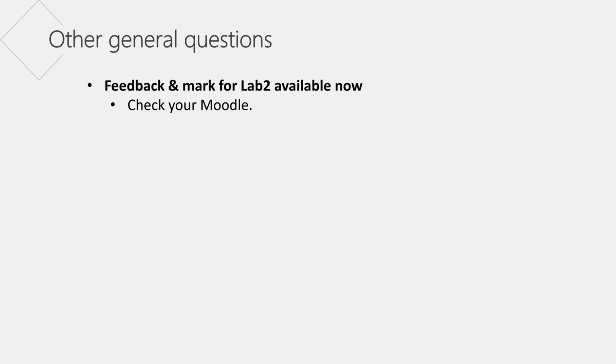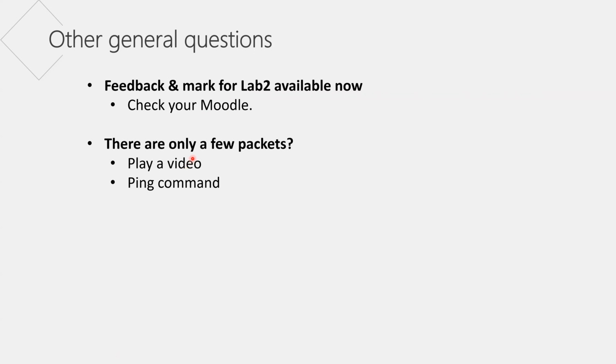And the next one is a very common question. Because we are required to capture at least 500 packets in this task, at least 500 valid packets, how can we increase the traffic between the hotspot and our Wi-Fi receiver?